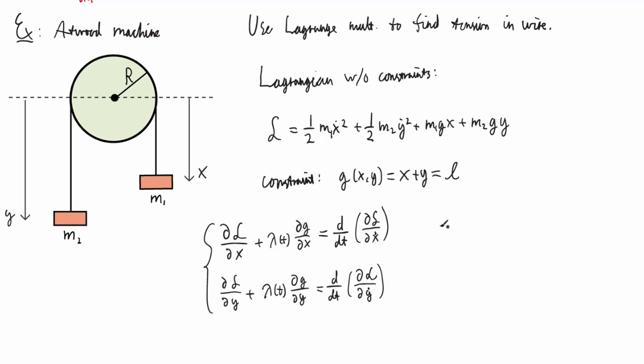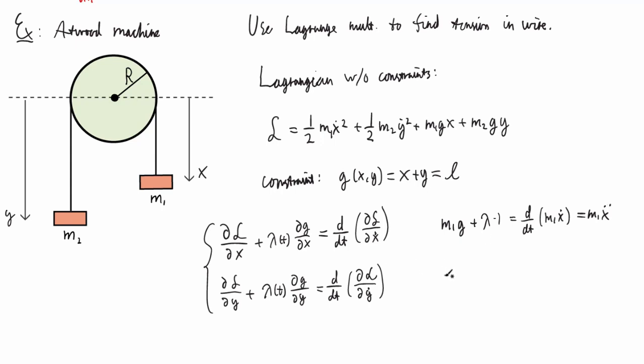The dL/dx, that's just m1 g. And then we have lambda times dg/dx, that's just 1. And then we have d/dt acting on dL/dx dot. The dL/dx dot is just m1 x dot, right? So that's m1 x double dot.